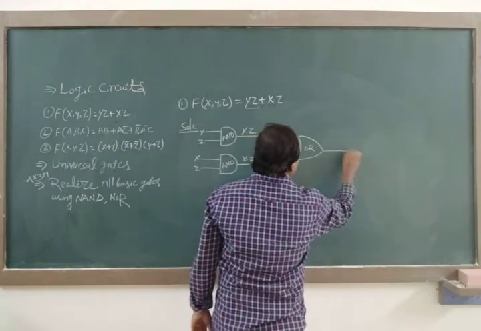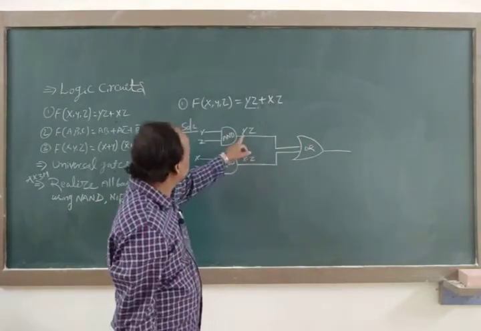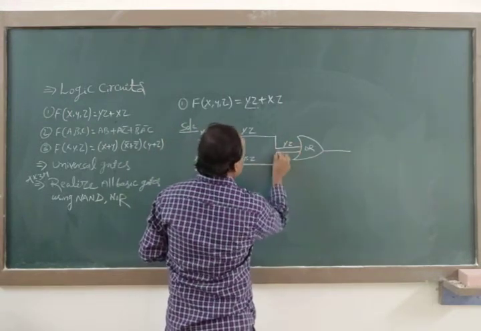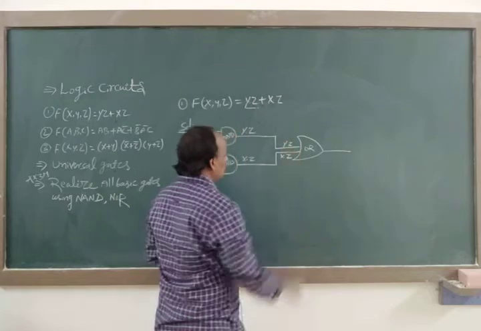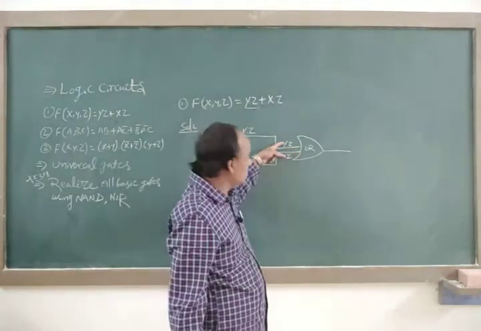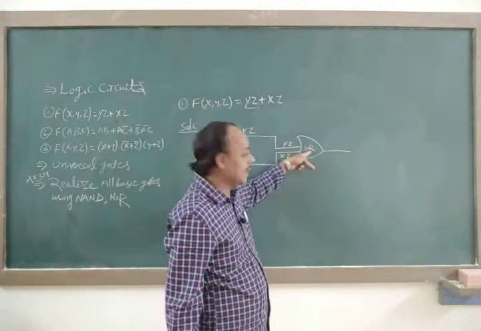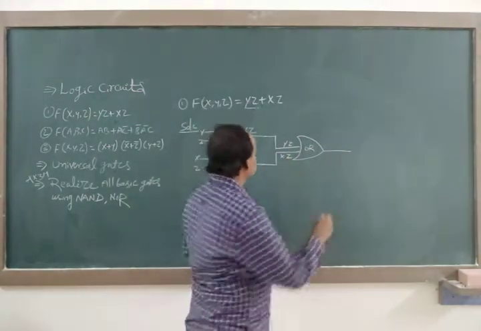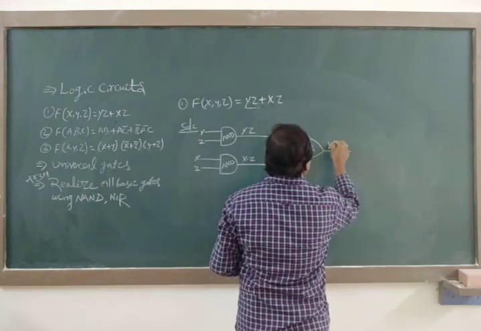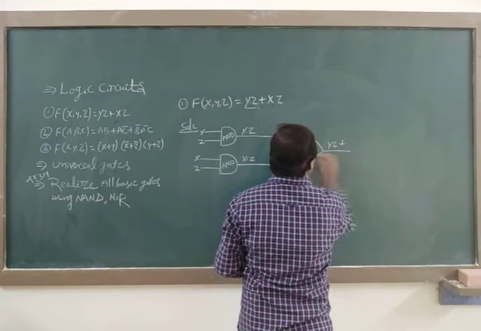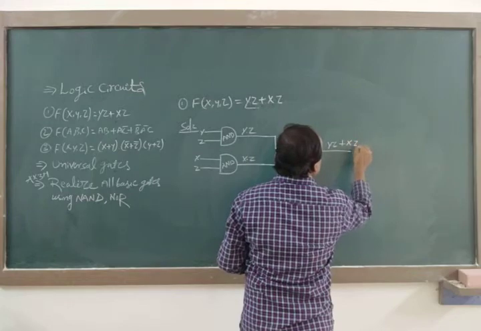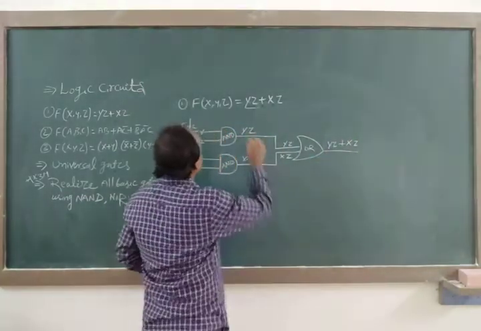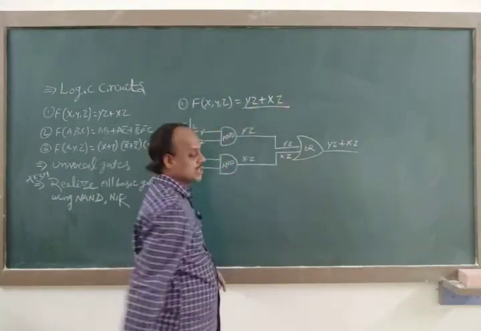OR gate. See here what is happening. This yz is going in this way, x into z. When these two inputs are passed through the OR gate we are getting the first input plus the second input. So that is y into z plus x into z. So this output indicates the given function.